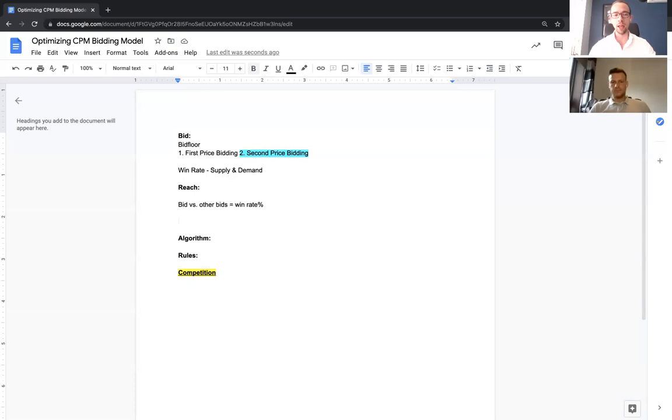The bid you set is actually per 1,000 impressions, all right? Then the win rate will obviously influence that. The reach, otherwise, is basically only limited by the publisher inventory. How much inventory is available and how much can you buy off this inventory.